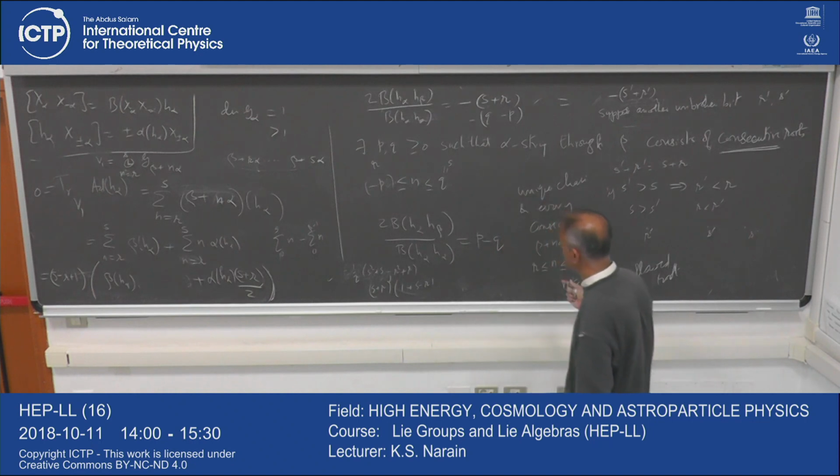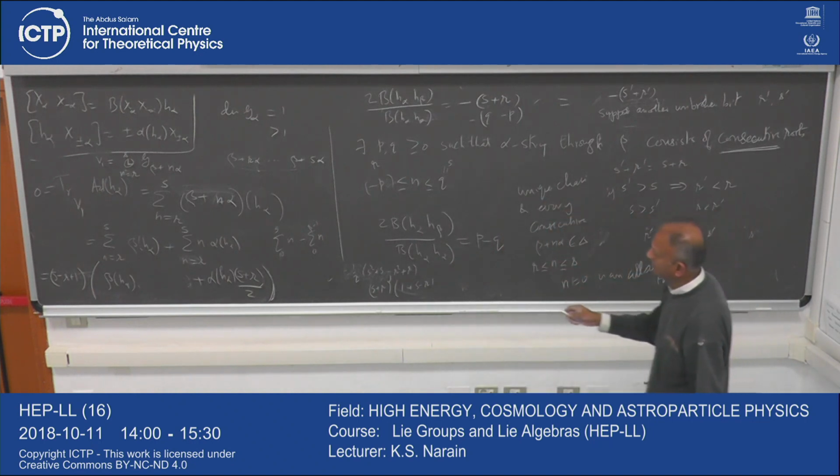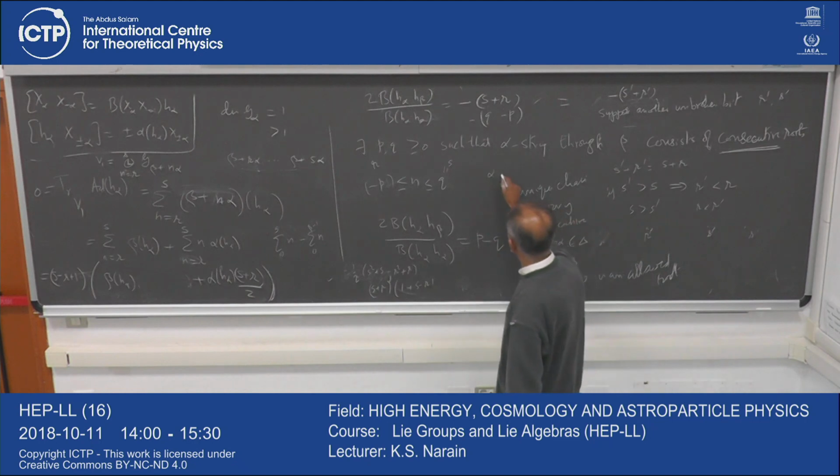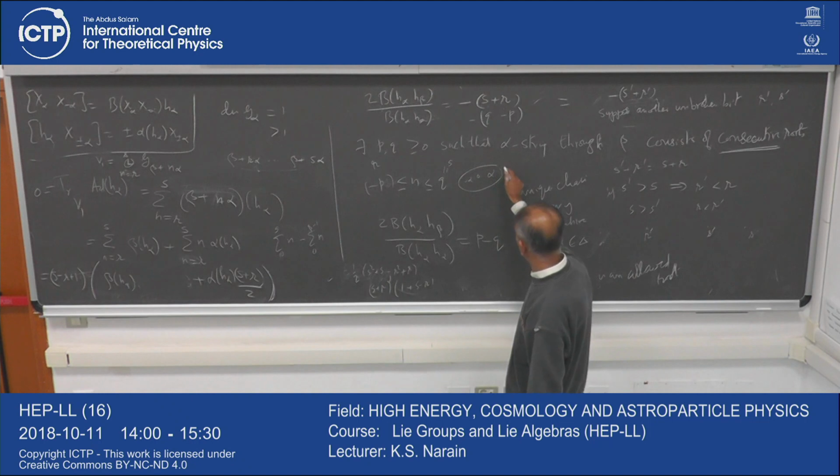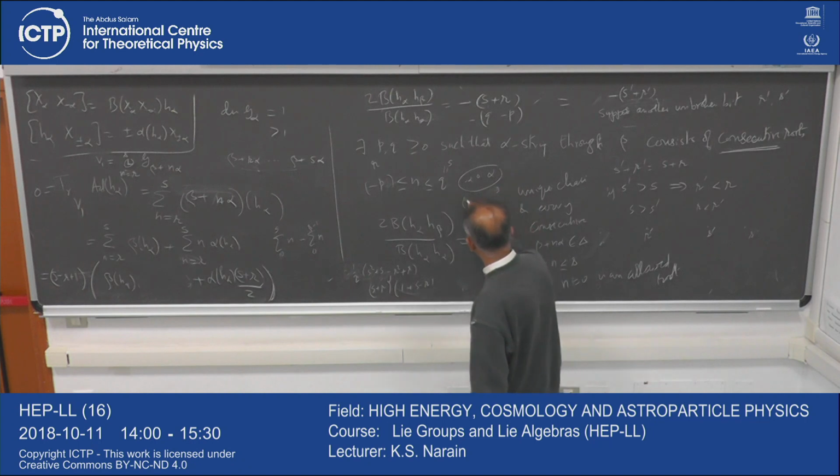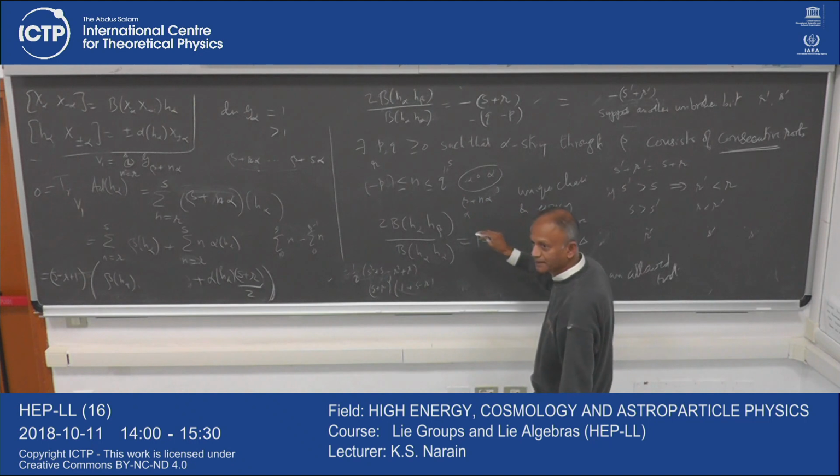In fact, in that case, we know the chain is just alpha, 0 and minus alpha. These are the three which exist, right? We are writing it as beta plus n alpha, and beta itself is alpha, so this is actually n plus 1 alpha. So what is the value of q?